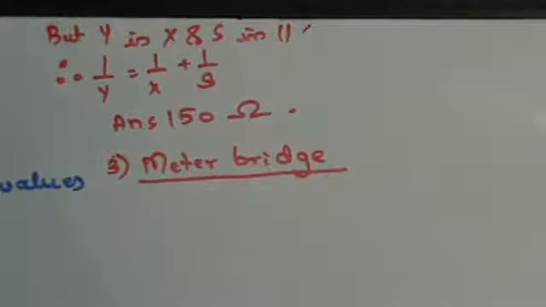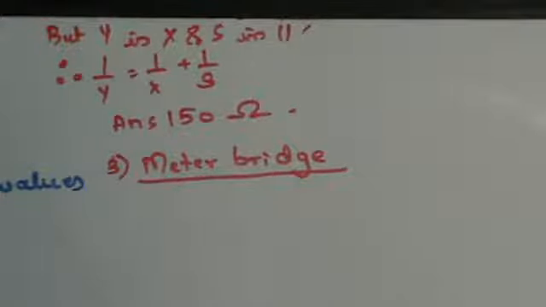Now, what is a meter bridge? A meter bridge is a simple experimental arrangement. R4 is 12 and R4 is 4. First sum: R4 is 12 and R4 is also 4. R4 is the equivalent of 12 and X in parallel. Therefore, I've written R4 separately. These are two resistances in parallel.